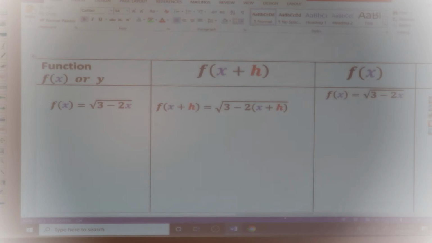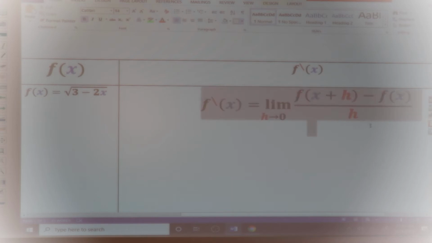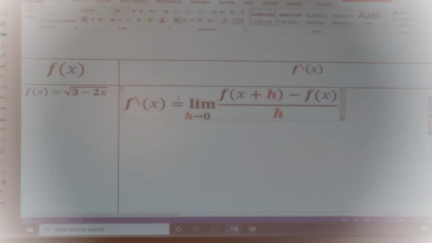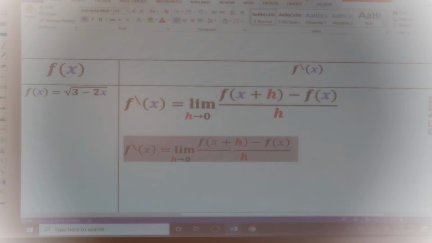We go here to my formula. Just put it here. I'm going to leave it, but take this one only, copy, and make it a little smaller.